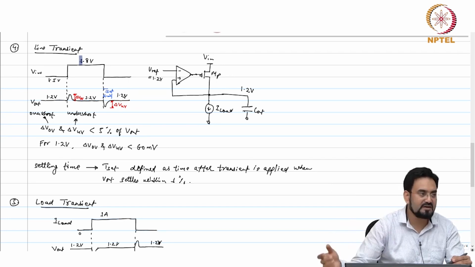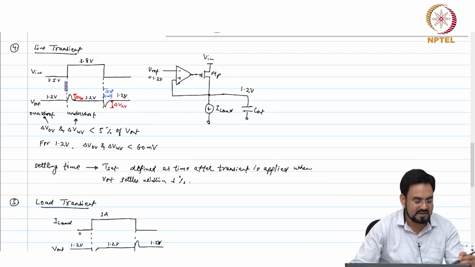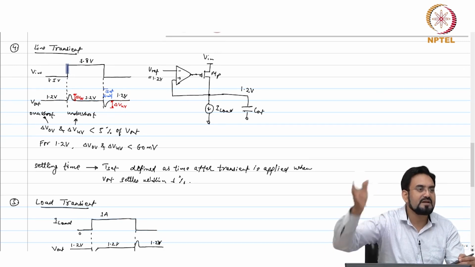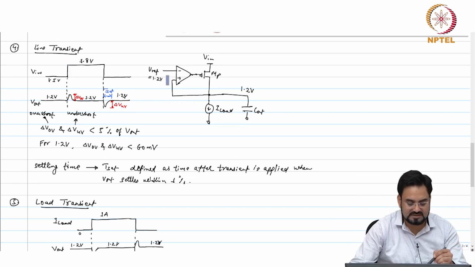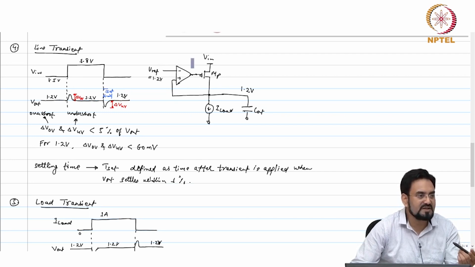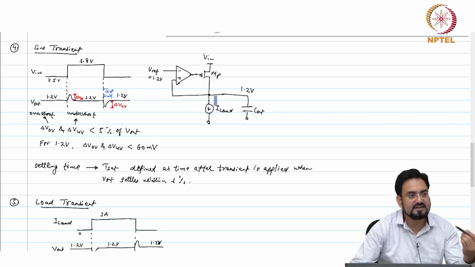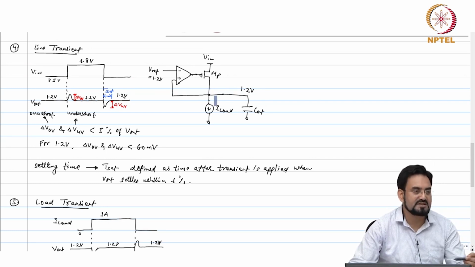My bandwidth cannot respond, this feedback loop cannot respond that fast. But let us say I make this change on the order of 10 microsecond or so. This change is very slow and this feedback will track because it is not very fast, and you will hardly see any undershoot overshoot in the output. So, it all depends on how fast you are changing.